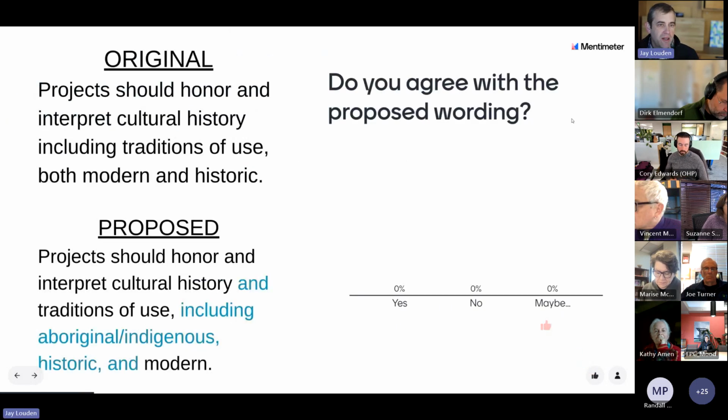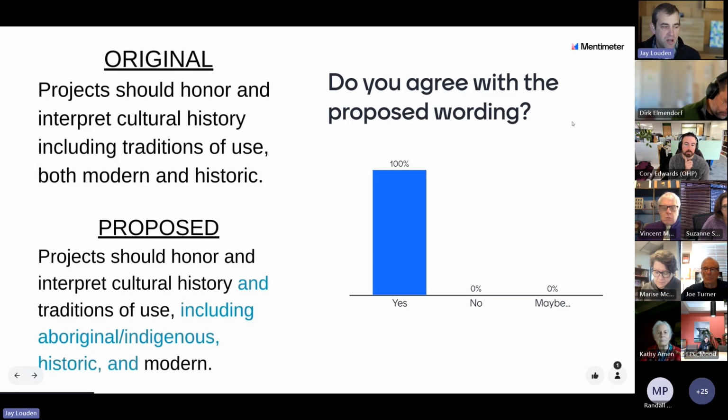Okay, jumping back to this guiding principle change. So the original is projects should honor and interpret cultural history, including traditions of use, both modern and historic. So the change here is primarily to incorporate Aboriginal and Indigenous into the language. So the proposed is projects should honor and interpret cultural history and traditions of use, including Aboriginal, Indigenous, historic, and modern.